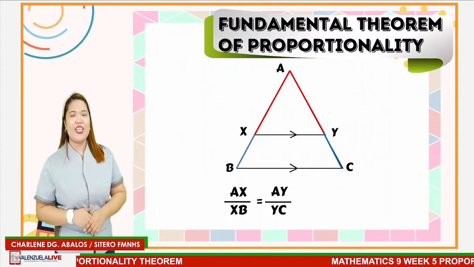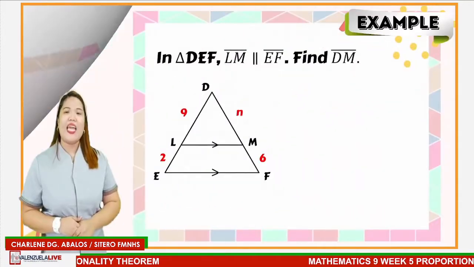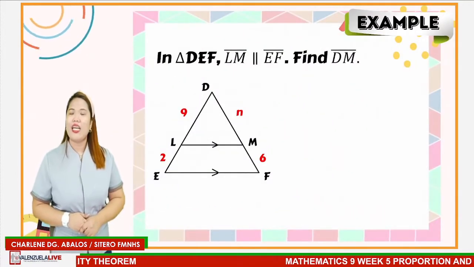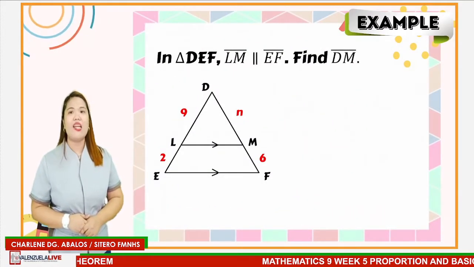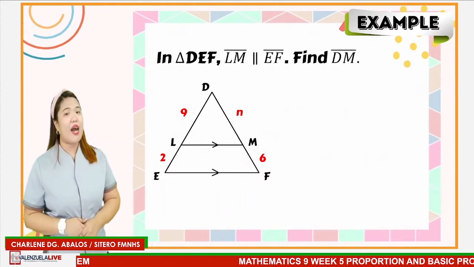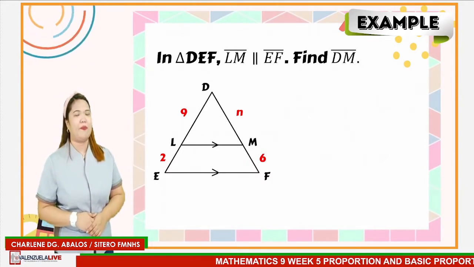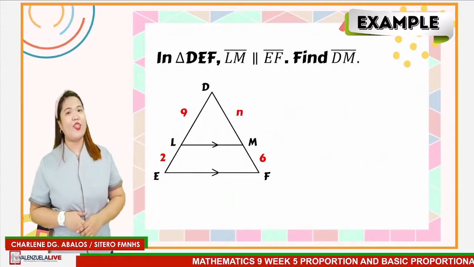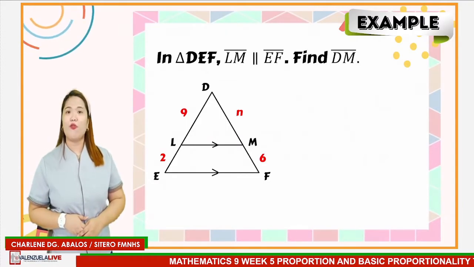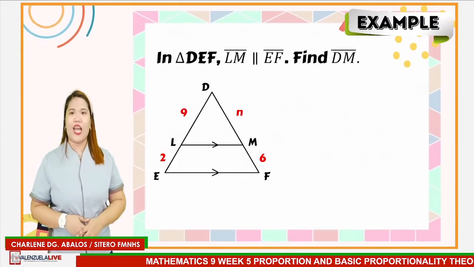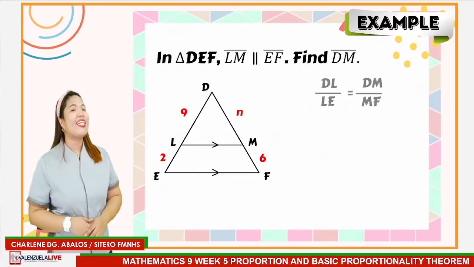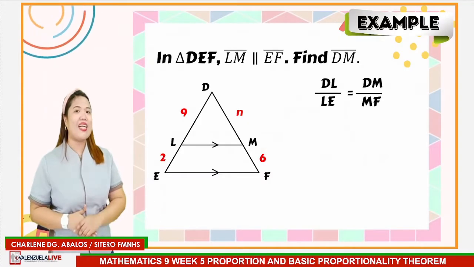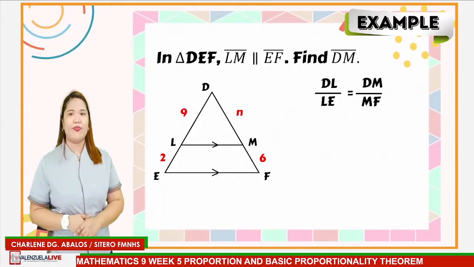Let's apply it using this example. In triangle DEF, segment LM is parallel to segment EF. Find segment DM. Since LM is parallel to EF, we can apply the fundamental theorem of proportionality. We can have DL is to LE as DM is to MF.